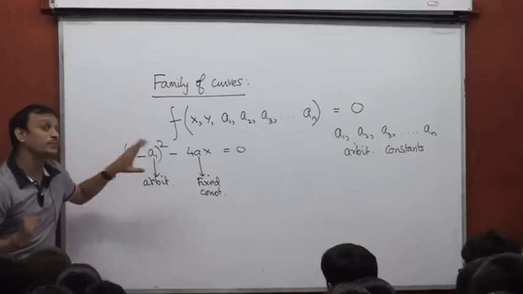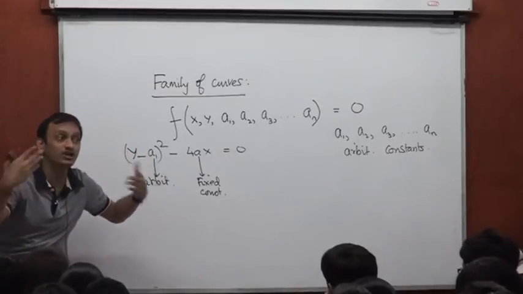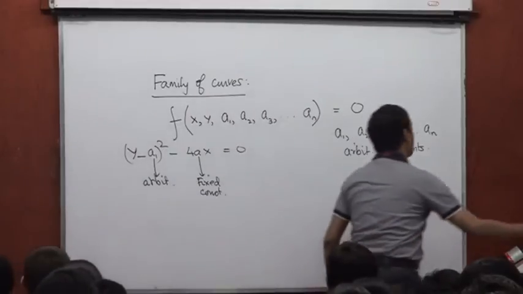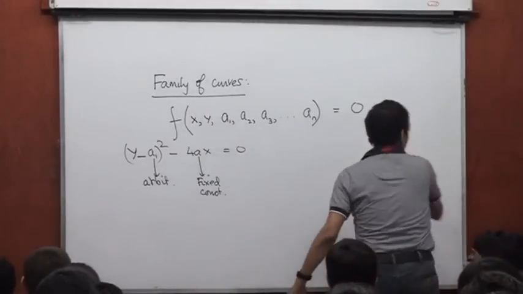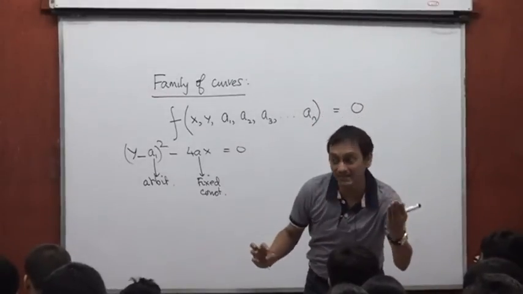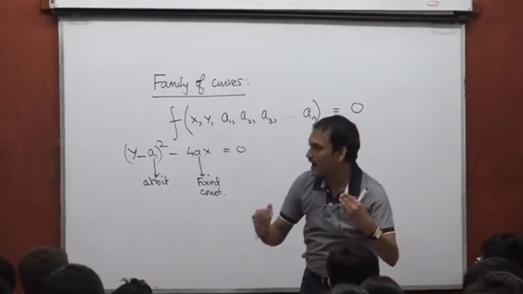That means it would be independent of a1. That's the relationship I'm seeking, right? Now, how do I arrive at that relationship? If I'm seeking a relationship independent of a1, I would have to eliminate a1.